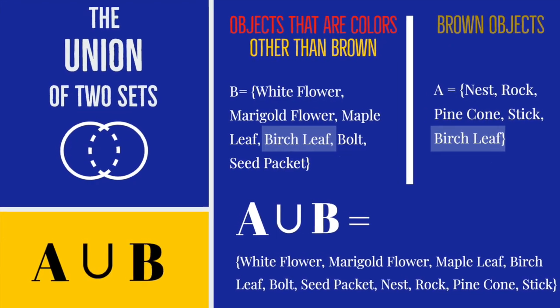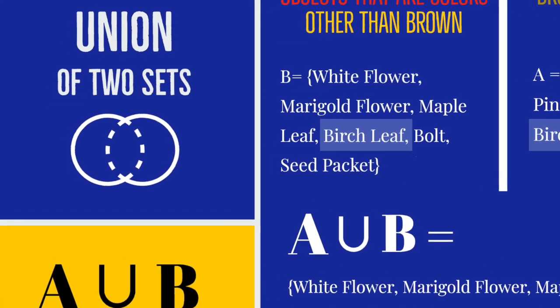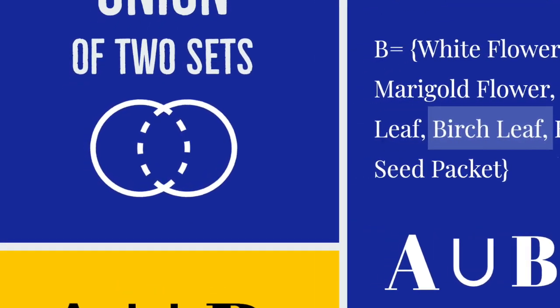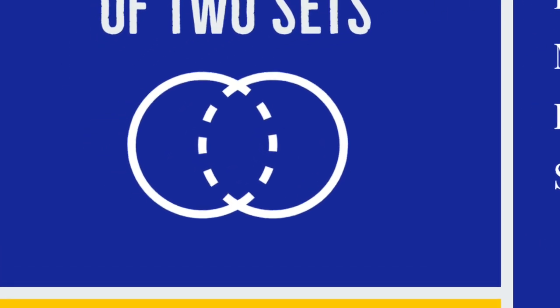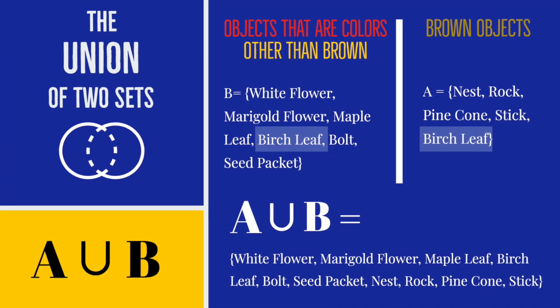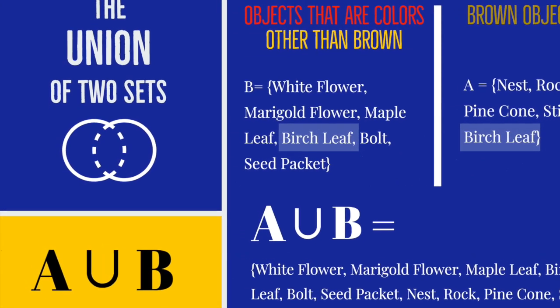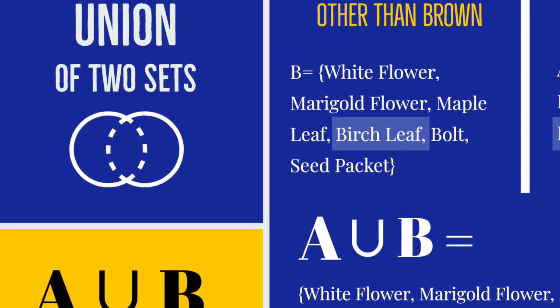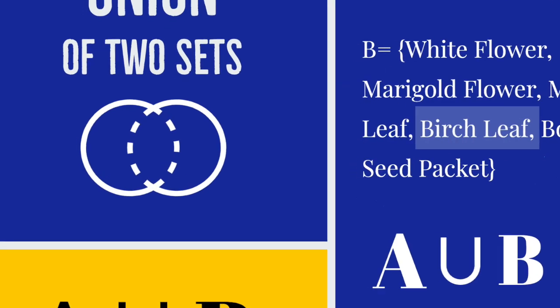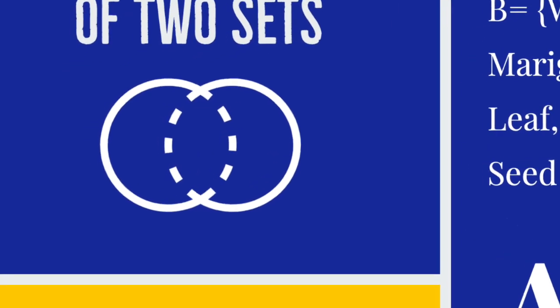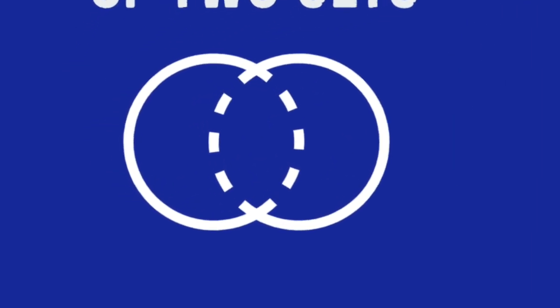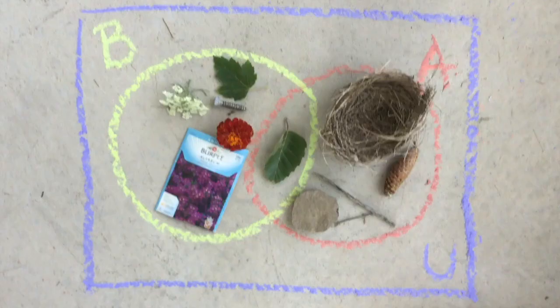But when you list the union, you would only list the 10 distinct elements. You would not list the birch leaf twice, in other words. Here's a picture of the union of two sets. Notice the solid line goes all the way around the outside of both circles and contains all the objects from both sets. And that concludes your introduction to sets.